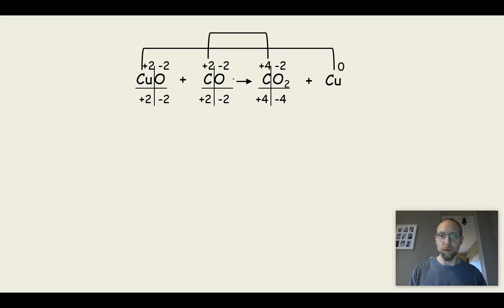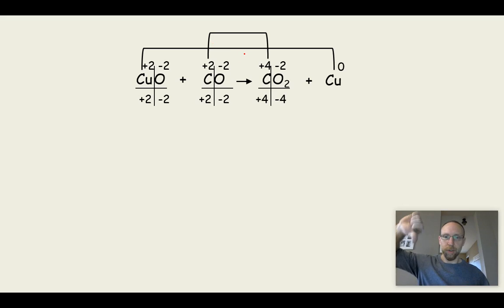All right, so now remember, LEO jumps up. Whoever lost electrons is oxidized. LEO says GER, and whoever gains is reduced. So whoever lost electrons went up in oxidation state. Copper went from +2 to 0. Think about your number line.